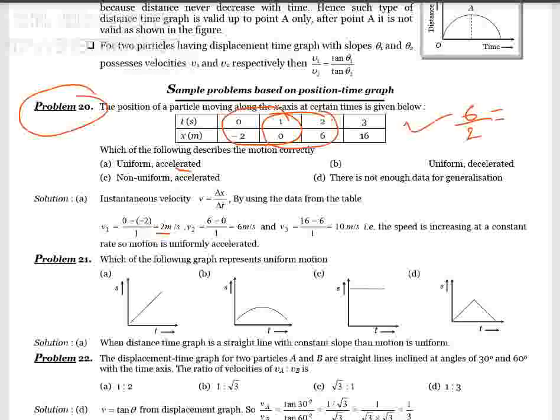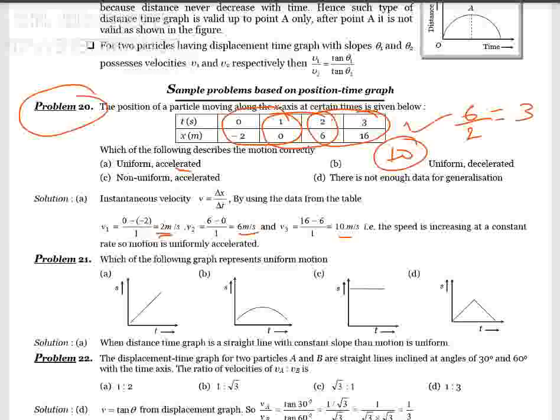Therefore, it becomes 3. Then if you take this value, 10 minus 6 is 10... and 3 minus 2 is 1. Therefore, 10 over 1 is 10. So in each second, the values are 2, 6 and 10.